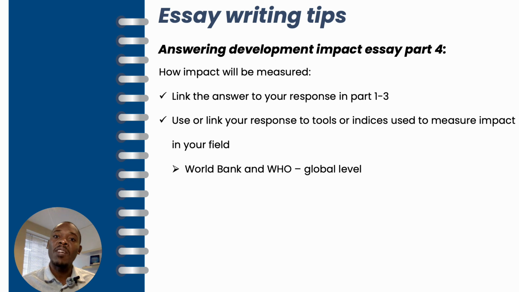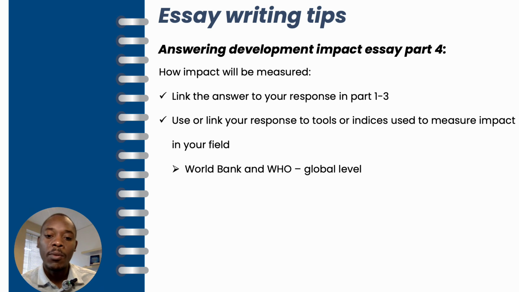For example, in poverty, they will release indices that are related to poverty. So are you trying to contribute to poverty? Do you think once the World Bank makes that report in that year, when you think you are going to contribute to that problem, the statistics are going to change?